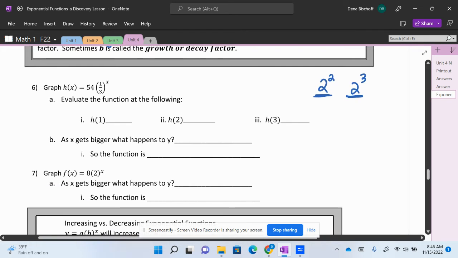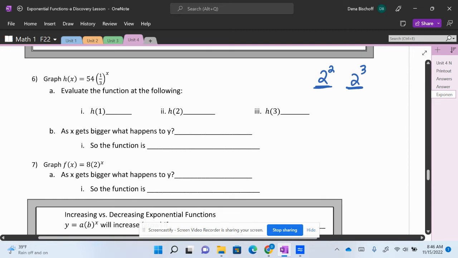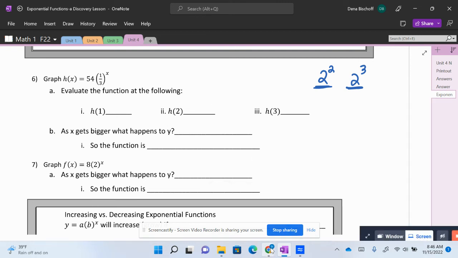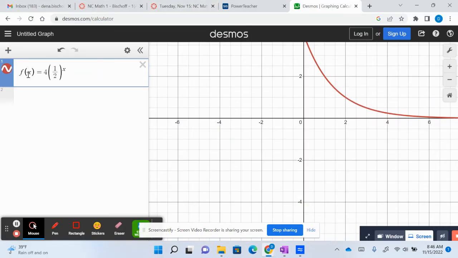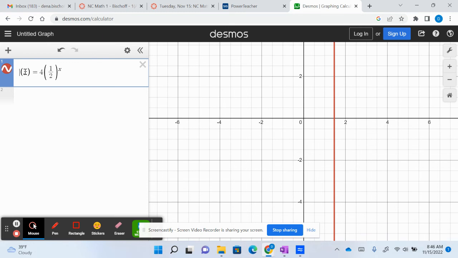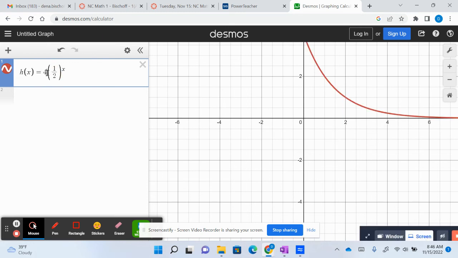Okay, so here we go. We're going to talk about graphing this function, and I'm going to pull it up on Desmos. So I'm going to graph the function h of x equals 54 to the 1/3 x. And you guys are just going to look at it. We're not going to split the screen or anything. I just wanted you to see it nice and big. So h of x equals 54, and this fraction is going to become 1/3.